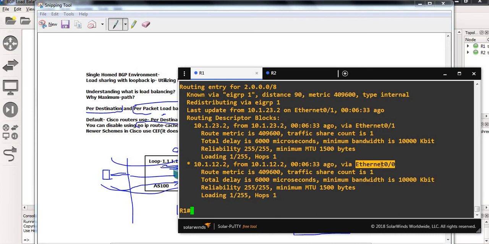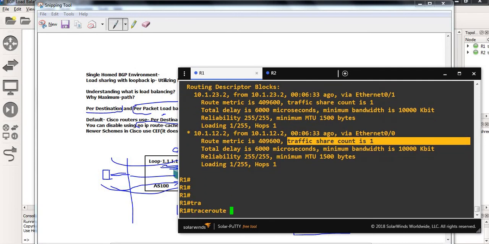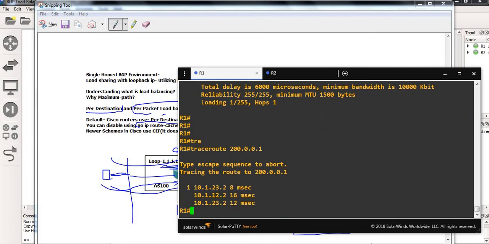You could also see that the traffic share count is 1 here and traffic share count is 1 here, which means that the traffic is equally distributed between the two links, Ethernet 0/0 and 0/1. So what we will do is just do a trace route 200.0.0.1. You could see that the load balancing is happening here.